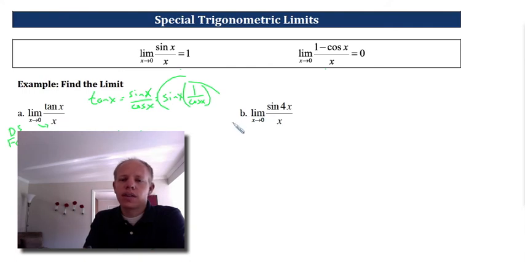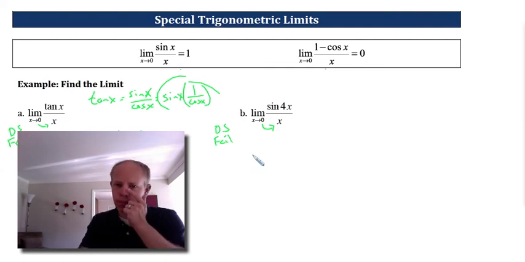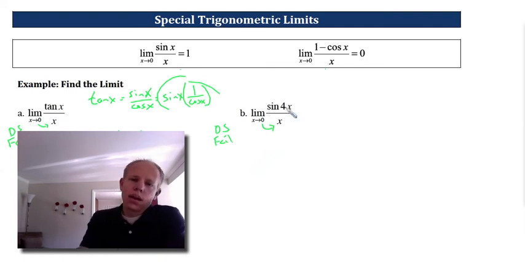Now looking at example B, we can see the direct substitution fails when we plug in the 0. Now, for this to work, all that has to be true here is that this number is the same as this number. And right now it's set up so that this number is 4 times the amount of this number.